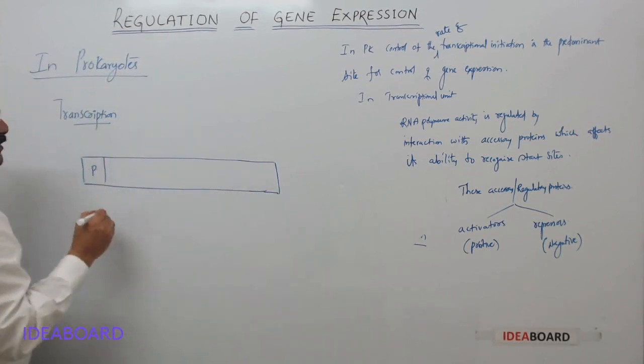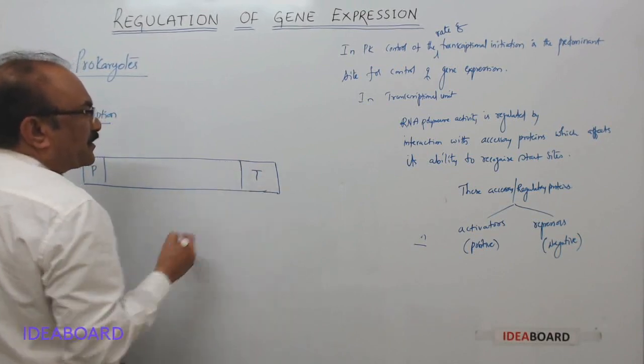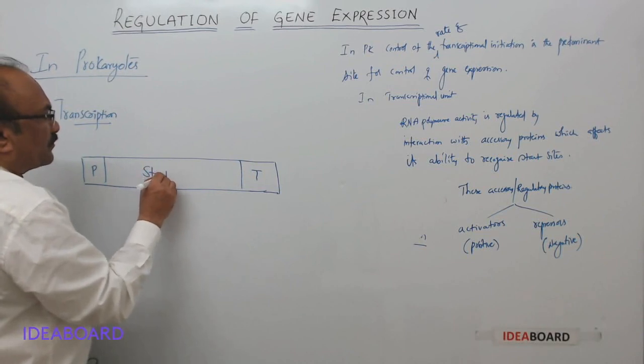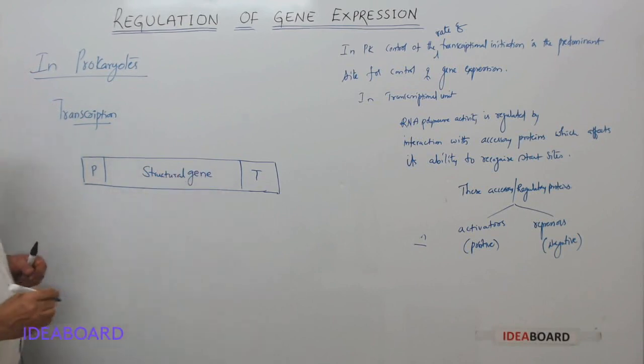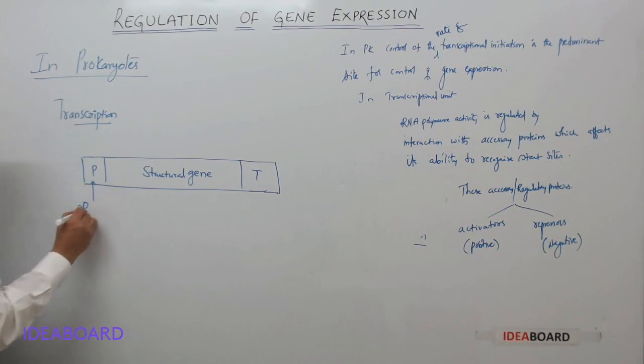One is promoter site, and here you will find terminator site, and this is the structural gene. And now the promoter site will be occupied by the enzyme RNA polymerase.